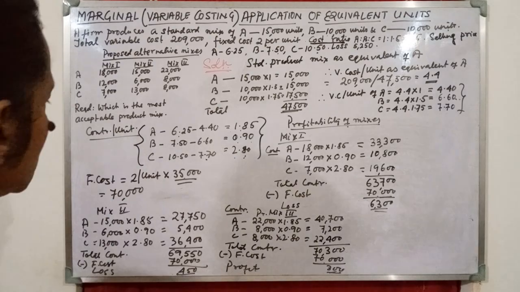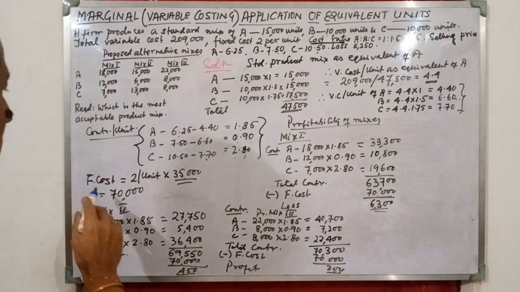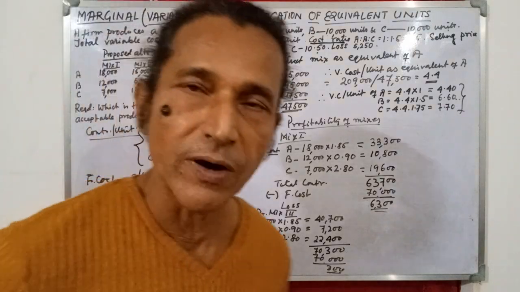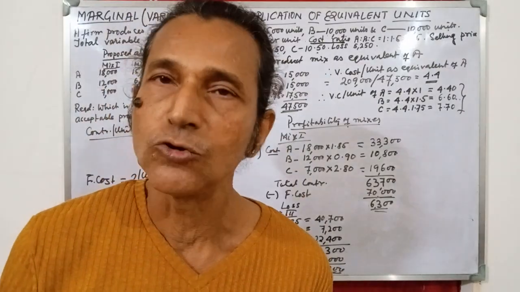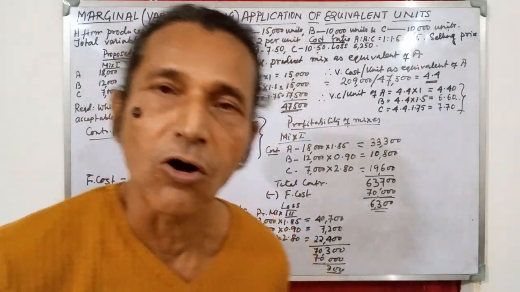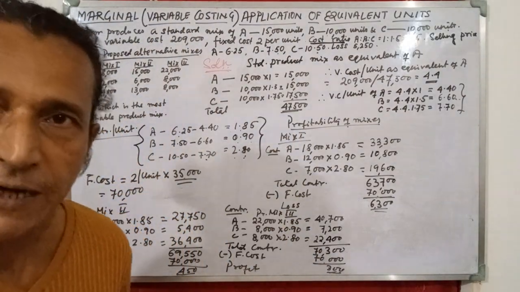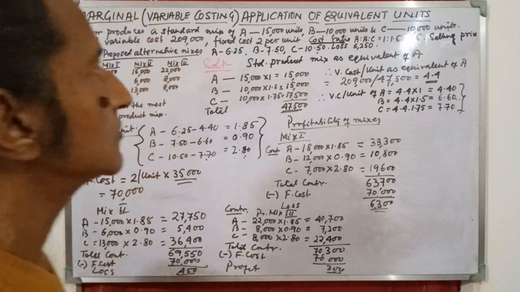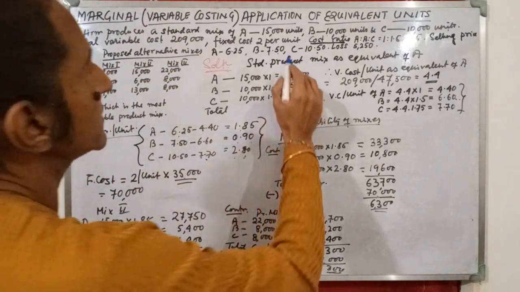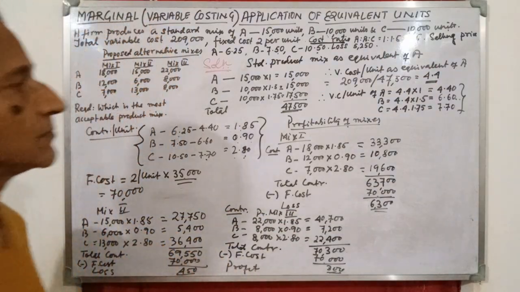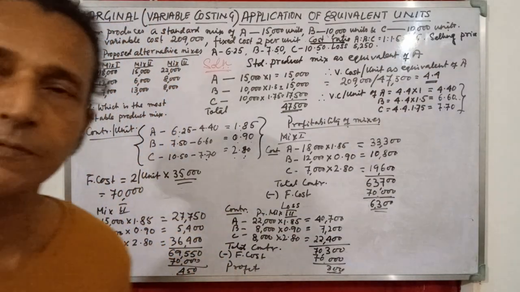Now in the next step we have found out the total fixed cost. Fixed cost is given as 2 per unit, and 2 per unit is calculated on the basis of standard production. And what is the total standard output? Total standard output is 15,000 plus 10,000 plus 10,000, that is 35,000.